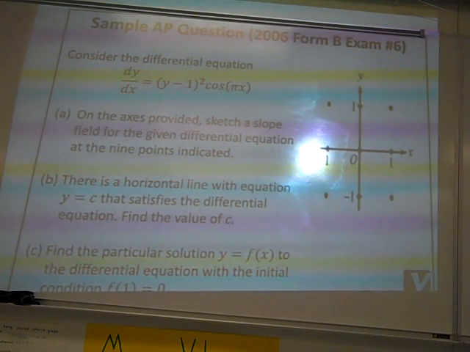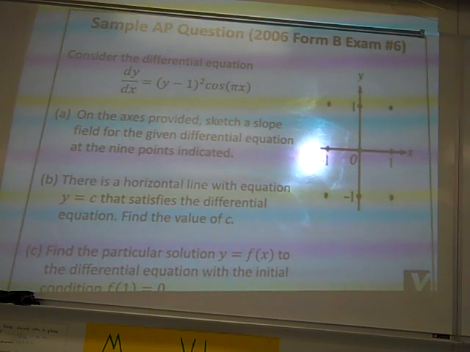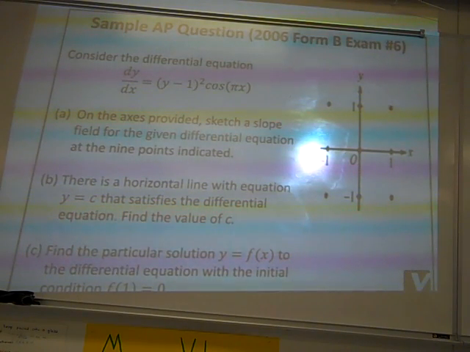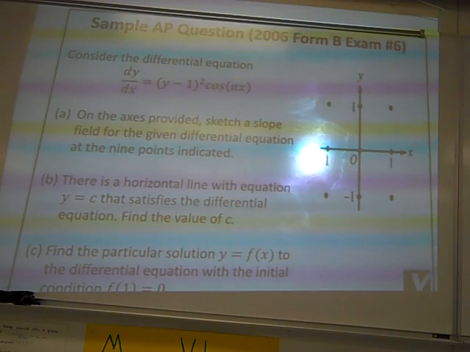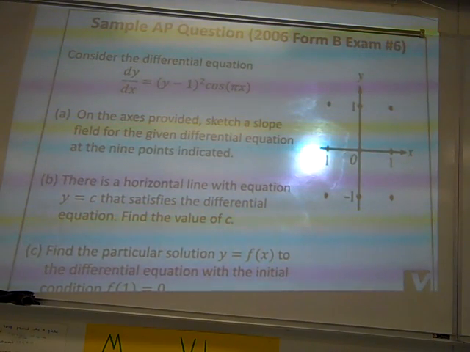We're given a differential equation, and it's a pretty intimidating differential equation that we're going to have to solve. But we're going to do this together. We're going to generate a slope field at 9 points. And this is a very, very typical question that's going to appear in your AP exam. Then we're told information, and then we're going to finally generate a general solution.